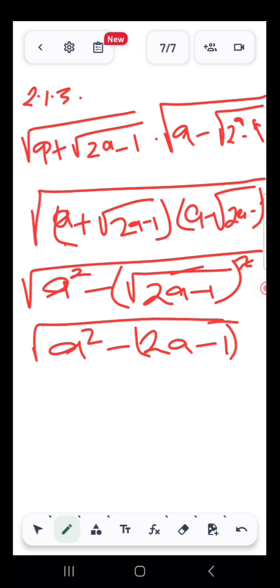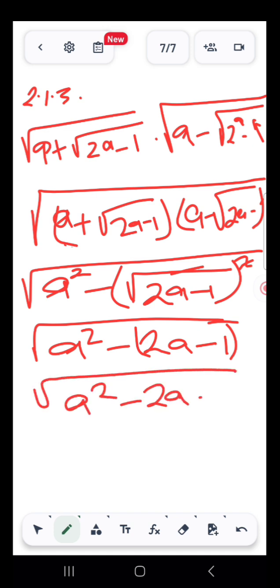And then you take out the bracket, then you have a squared minus 2a plus 1. Distribute the negative inside of the bracket. And then this can be turned into two brackets. You can simplify it further.